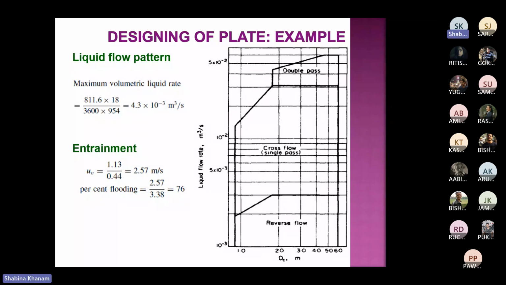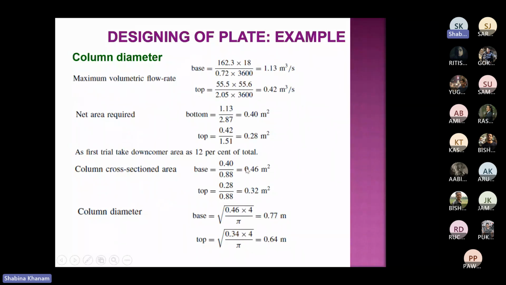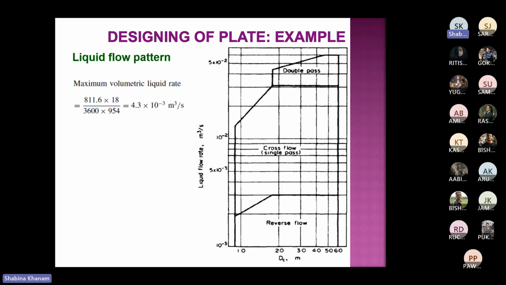And once I'm having 0.79 as the column diameter, the flooding percentage will also change. Here you will consider the Uv, that is vapor velocity, and 1.13 is the volumetric flow divided by 0.44, that is nothing but the net area. Here, what we obtained as net area was 0.46, but here you can find this net area as 0.44.